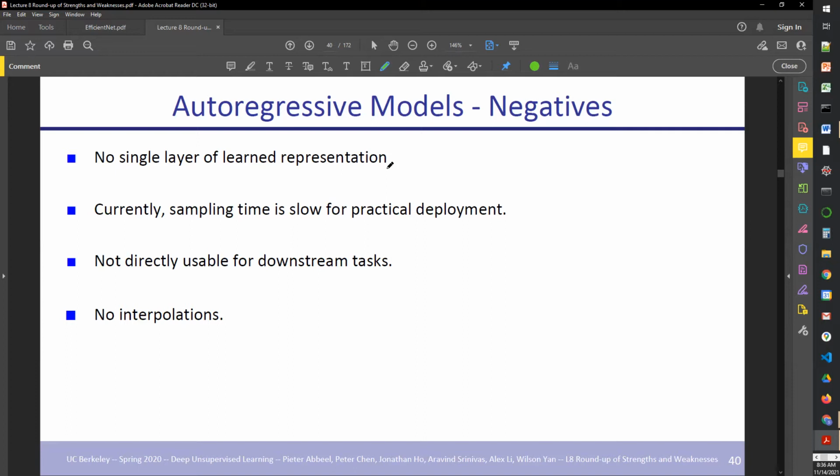There are engineering decisions which made it work better, like PixelSNAIL, where you play around with how you select a context, right? But still, in images we don't have this kind of sequential structure, so we don't actually have previous elements of a sequence.